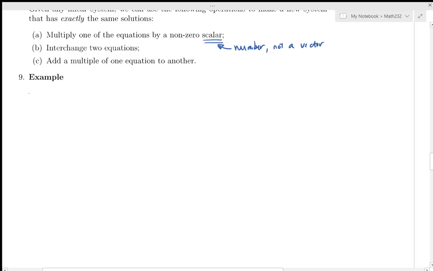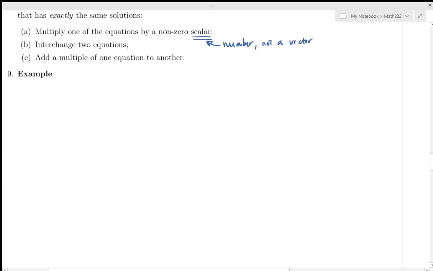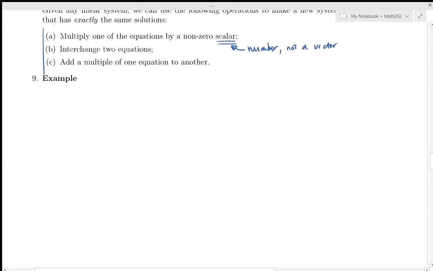I'm going to label the equations, and we're going to look at doing these operations and observing that the solution set, the numbers that solve these equations, do not change when I do A, B, or C up there. Here's my example. Equation 1: 2x1 minus x2 is equal to 4. And my second equation: minus 2x1 plus 2x2 is equal to 6.